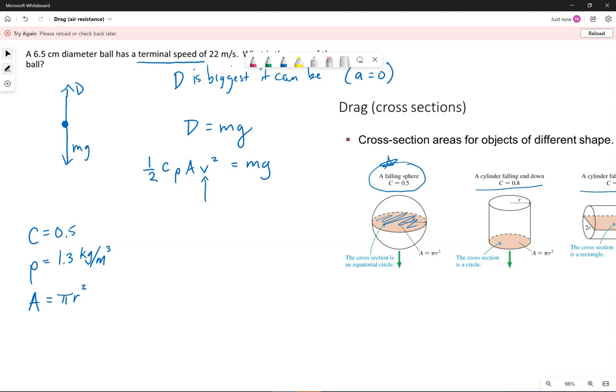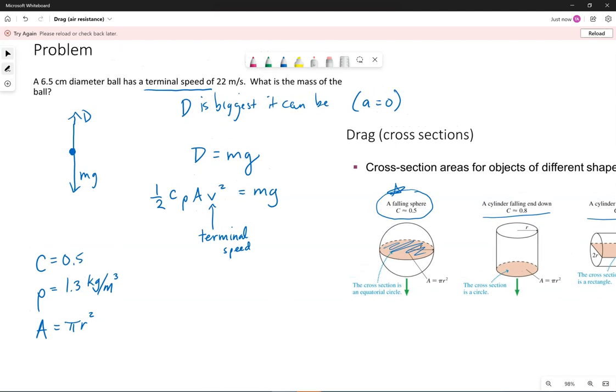The v in this equation is the terminal speed. When we're saying the drag force is equal to mg, we're saying that the acceleration is 0. And so v is what we're looking for. Oh, just kidding. It's given. That terminal speed is up here, the 22 meters per second, and we're wanting to find the mass of the ball. So C we have, rho we have, the area will be pi r squared.